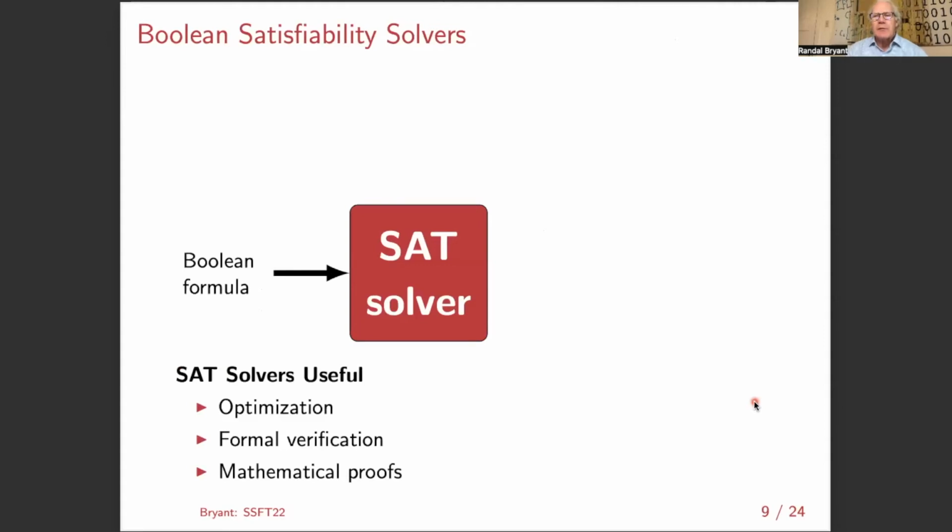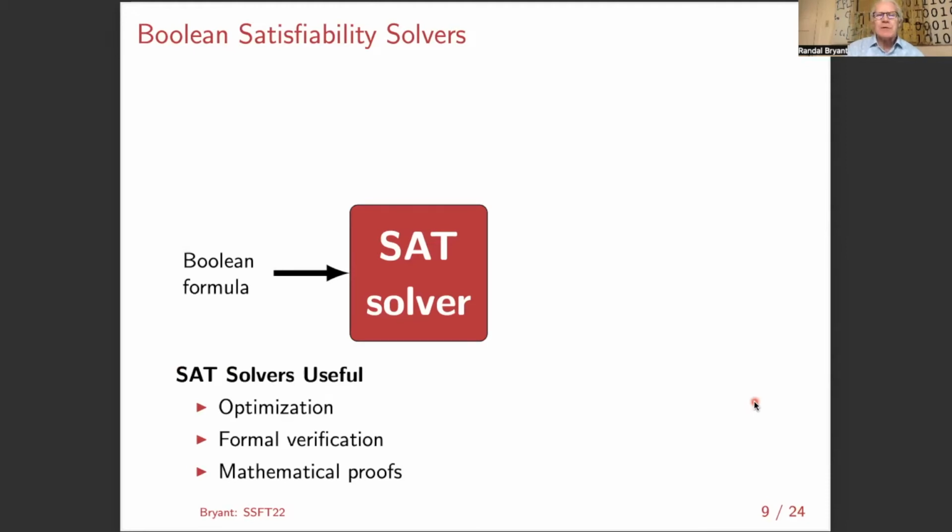So you see, both of those examples were cases where the outcome we were looking for was unsatisfiable. And now we've shown both formal verification and mathematical proofs that SAT solvers are useful, and there are many uses for them in other applications as well.